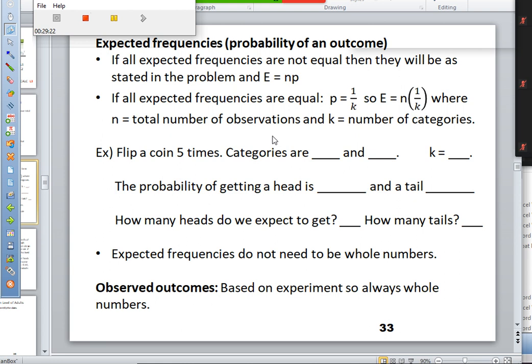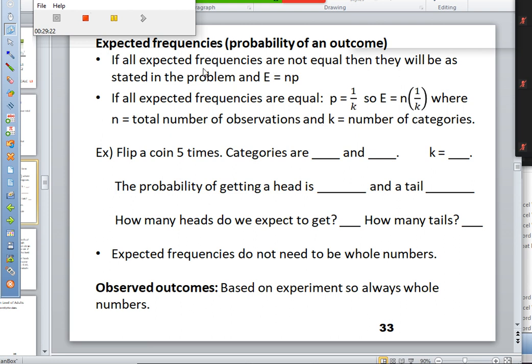Those are the ones that can be decimals. What you observe always has to be whole numbers. You have to observe a whole person doing something. You can't observe half a person doing one thing and half a person doing something else. The whole person picked grape. So your observeds are always going to be whole numbers. Your expecteds, though, those you calculate, so they absolutely can be fractions or decimals.